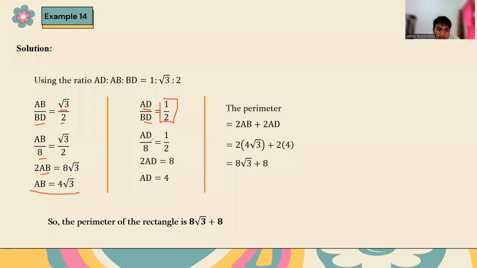BD is 8, and cross multiplying, we get 2AD is equal to 8, and the AD value is 4. The perimeter is 2AB plus 2AD, where AB is 4 square root of 3 and AD is 4. So 2AB is 8 square root of 3, plus 2AD is 2 times 4, which is 8. So the perimeter of the rectangle is 8 square root of 3 plus 8.